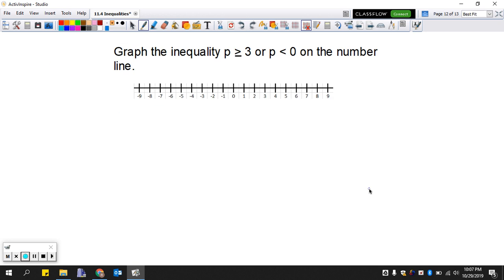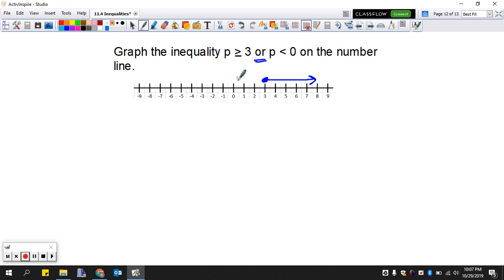It says graph the inequality p is greater than or equal to 3, or p is less than 0. Remember back to what we just said, or means it's either one or the other. Greater than or equal to 3 means it's a solid circle.